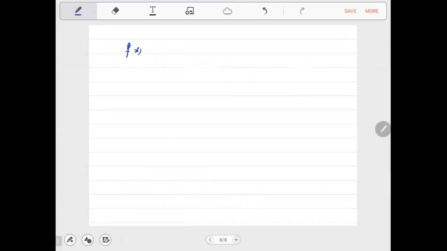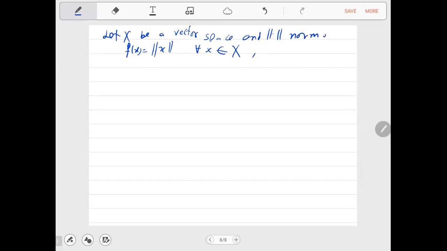So f of x equal to the norm of x, right? For all x belonging to X, where X is a vector space with a norm. So if you define this function f by this norm function, this function is a continuous function. So you can pick x naught belonging to X. So we can show that f is continuous at x naught.